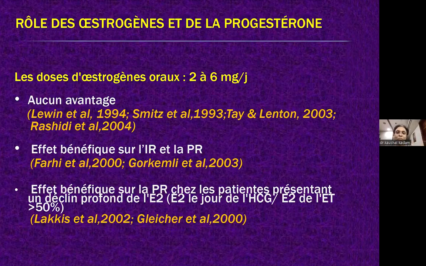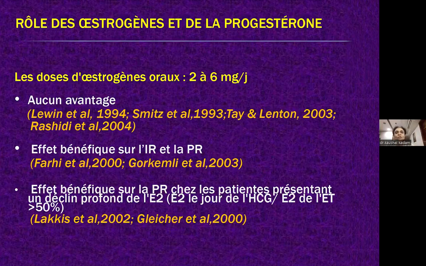So if you have a patient who has very low levels of estradiol, like she has hardly made any eggs, and the lining is not so good, then you could consider giving that patient 4 to 6 milligrams in the luteal phase to support the pregnancy.